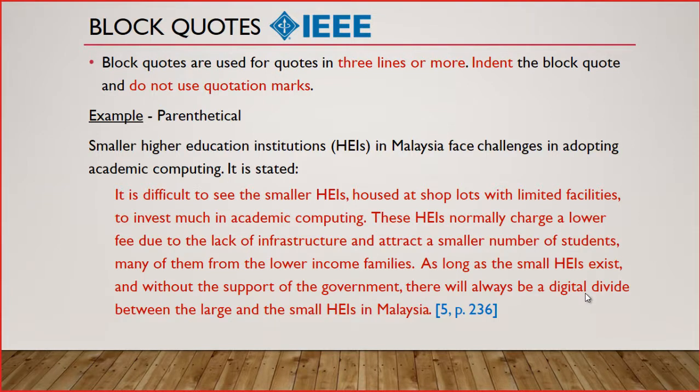Let's say the citation number for this one is number 5, reference number 5. So here I put in at the end, after the full stop, square bracket 5, comma, p. 236, page 236. So, reference number 5. This is parenthetical.